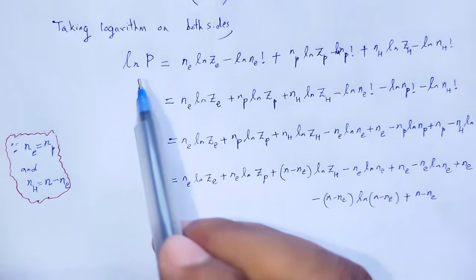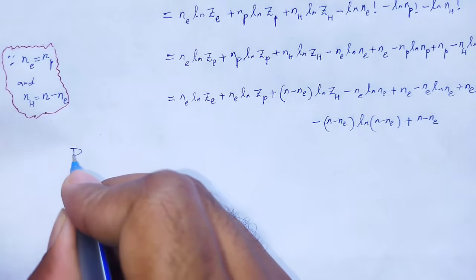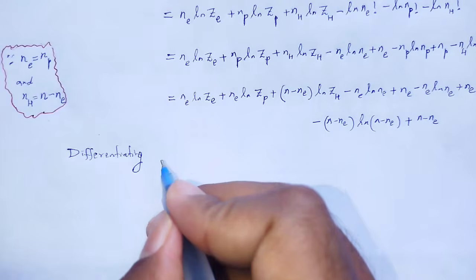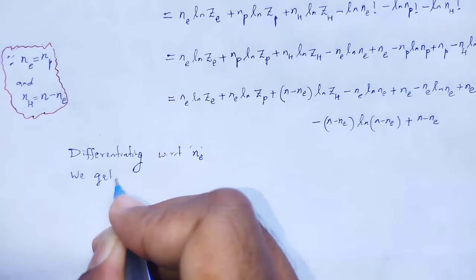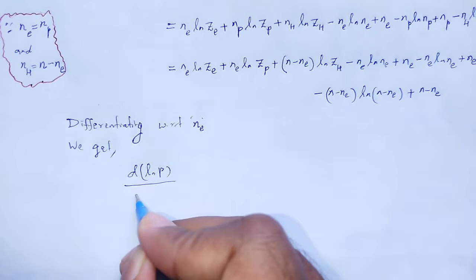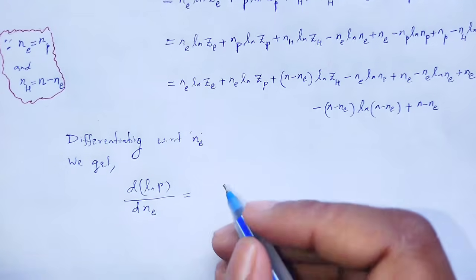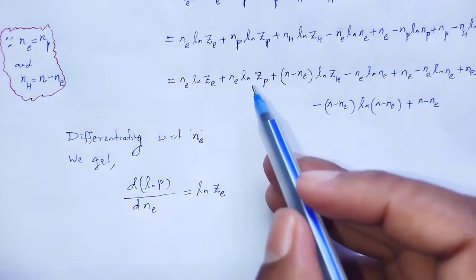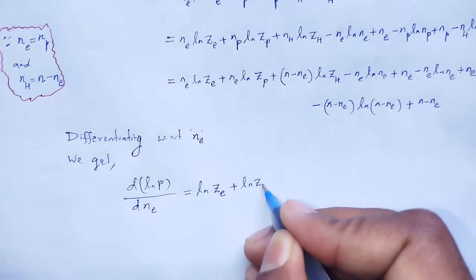Now differentiating that logarithmic term with respect to N_e, we get d ln P with respect to N_e is equal to the first term as ln Z_e, next term ln Z_p.